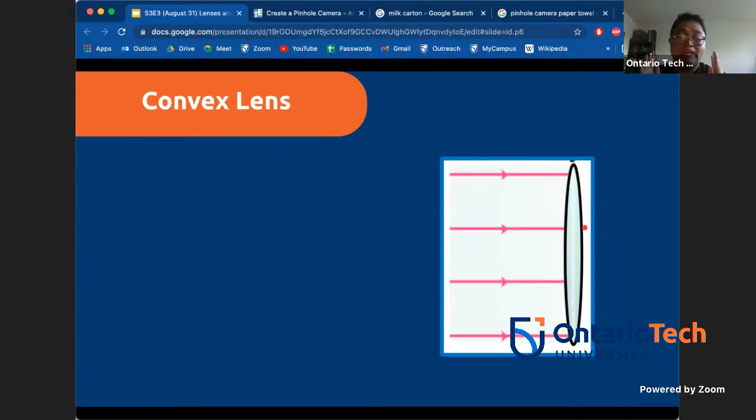Converging means things are coming together. So another term for a convex lens is a converging lens. With that in mind, does anyone have any guesses as to what happens when the light hits that lens? Yep, it would definitely come together.